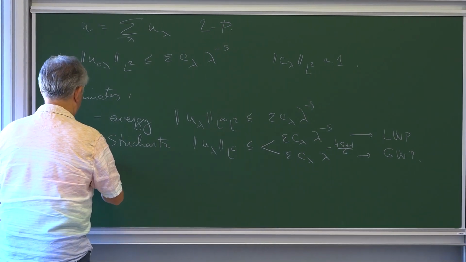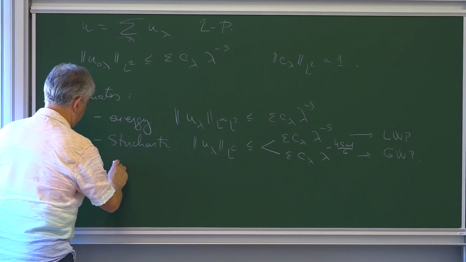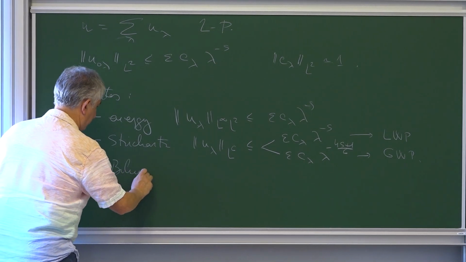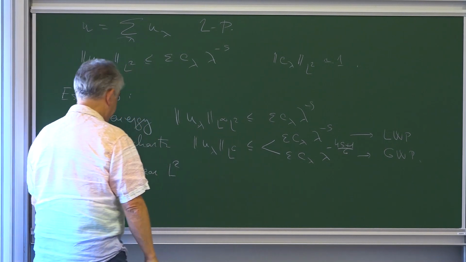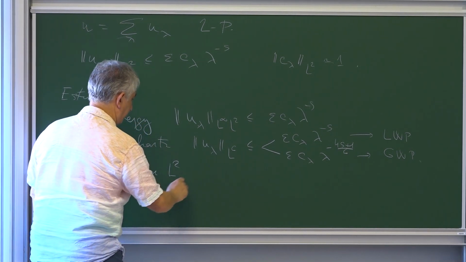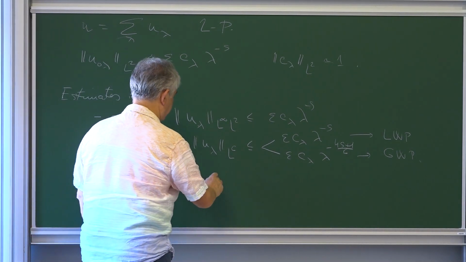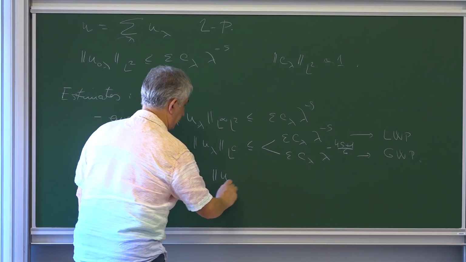And then we had bilinear L² estimates, and those came in two varieties. One was unbalanced, when we have two different frequencies, λ and μ.